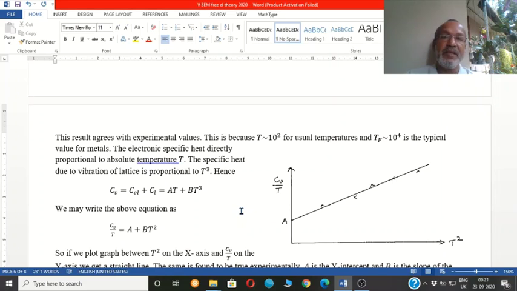I have discussed this Sommerfeld model in 6 classes, and you go through all these 6 classes and study well the derivation of this specific heat. And if you have any doubts during the derivation, you can contact me. You are not at all asking any doubts, but anyway, go through this derivation with pen and paper.